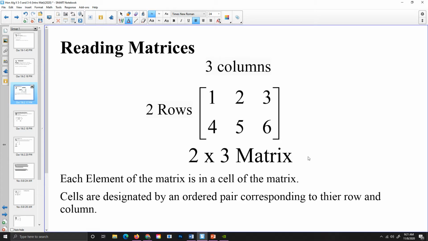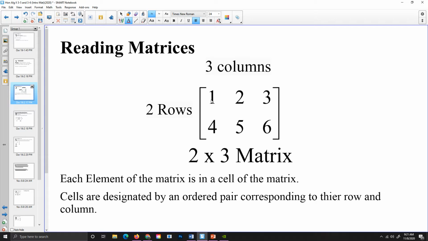So this matrix here is a 2 by 3 matrix. It has 2 rows and 3 columns. Each element of the matrix is in a cell of the matrix. So 1 is an element of the matrix, and it is in the first cell. These cells are designated by an ordered pair corresponding to their row and column.